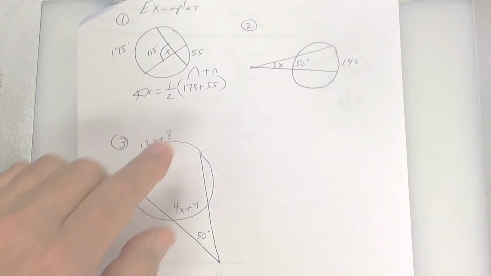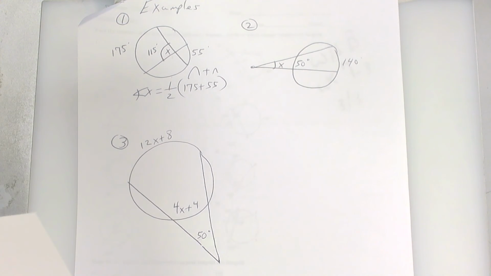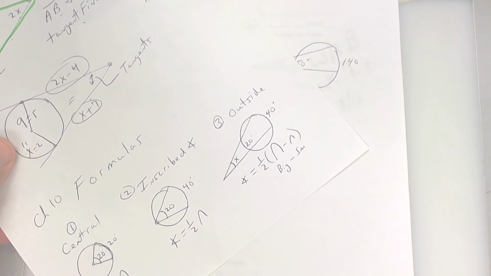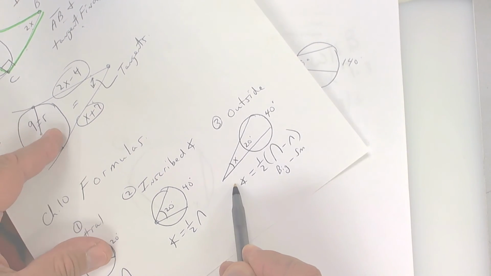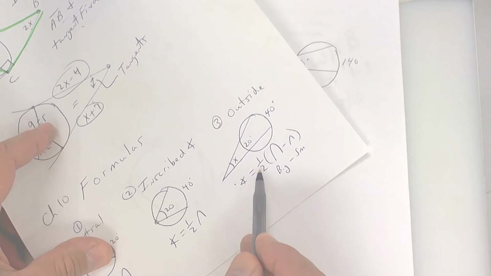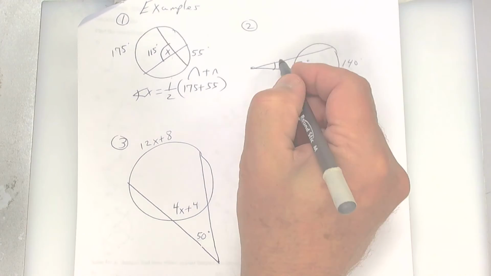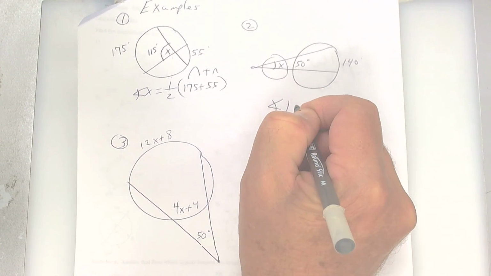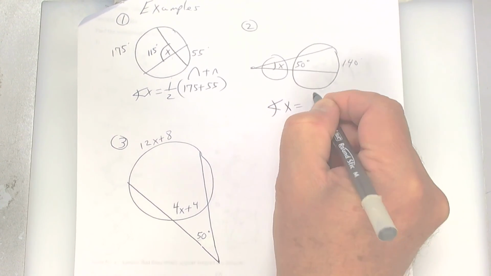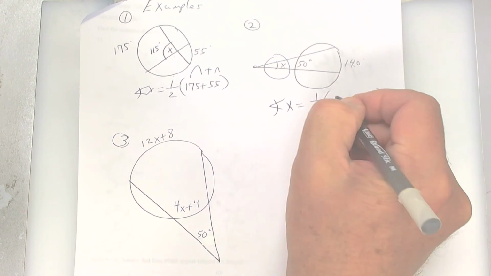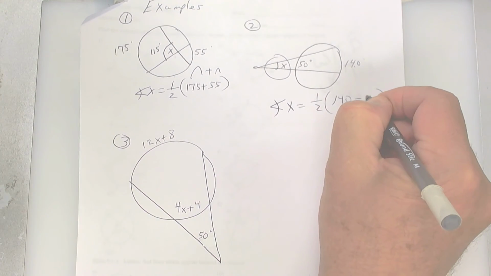Take a look at the next one. The angle is on the outside. So we want to use this formula right here, number 3. The angle's on the outside. So the formula is the angle is half of the big minus the small. So the angle X is equal to half of the big arc minus the small arc.